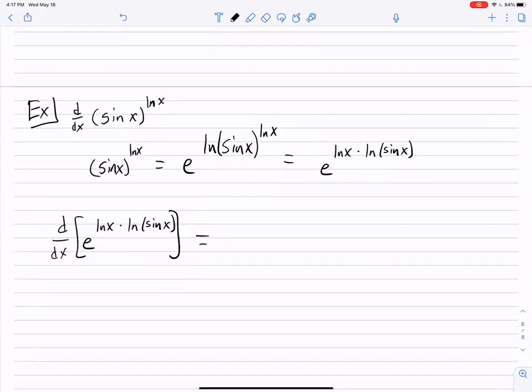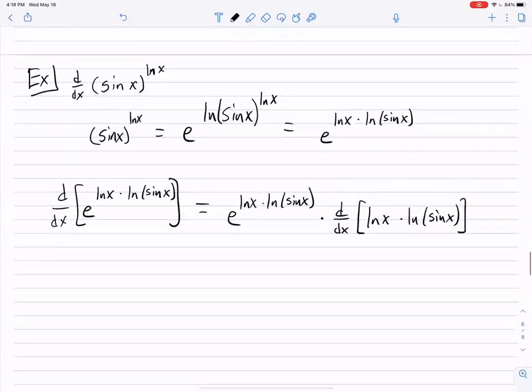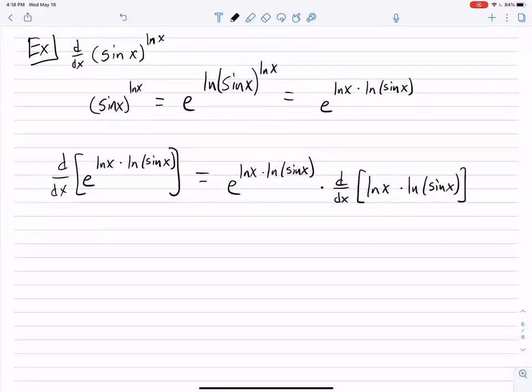And by the chain rule, it's just e to the ln of x times ln of sine of x, and then times the derivative of the inside, d dx. The inside is a little bit more complicated now. It's still product rule, but it's product rule and a chain rule. And so there's a lot of pieces going on in it.